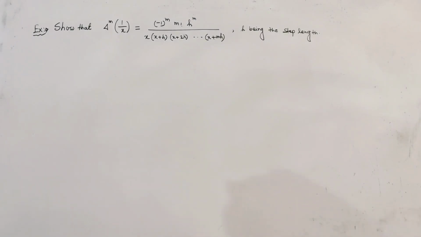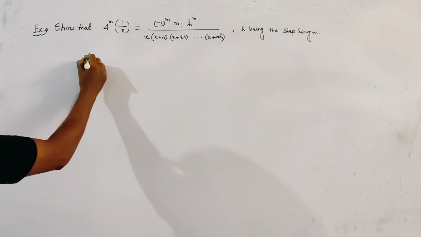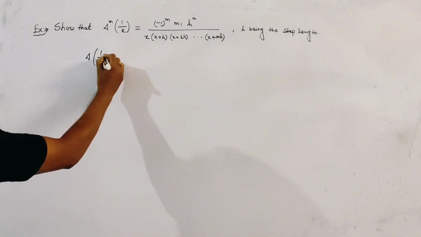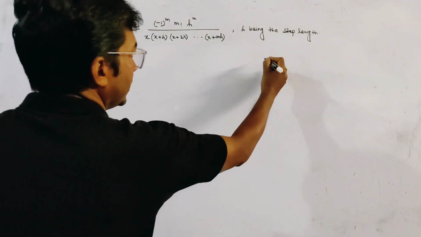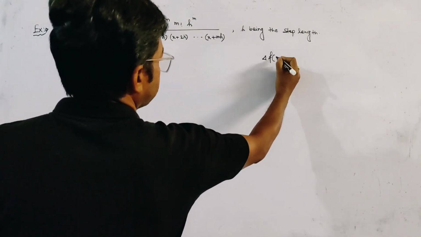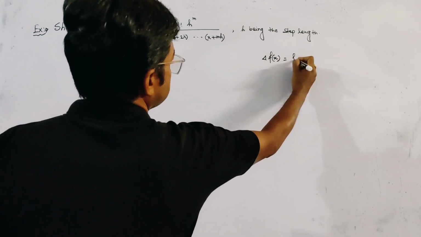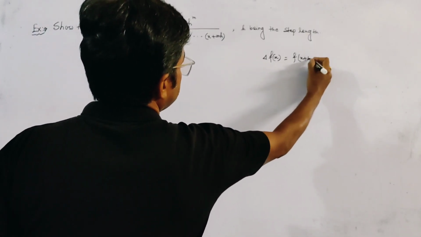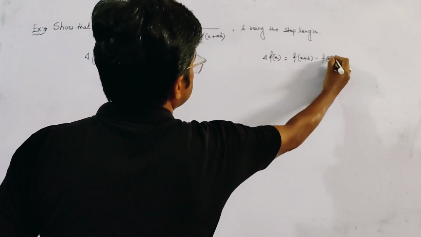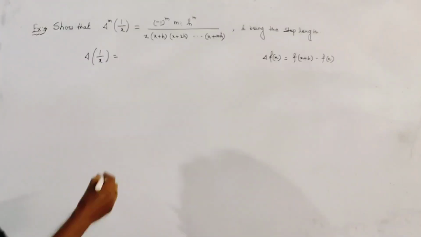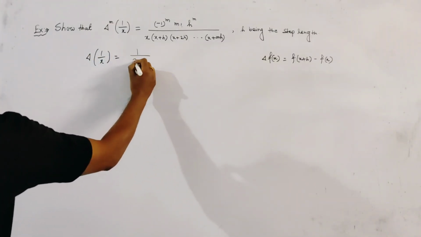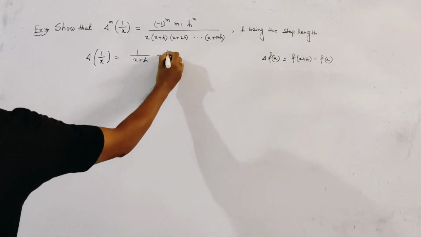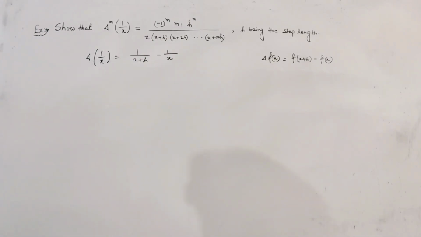Now we start from the first order forward difference, delta 1 by x. Using the definition of delta, we know that delta f of x is equal to f of x plus h minus f of x, since h is the step length. So we write the definition here: 1 by x plus h minus 1 by x.